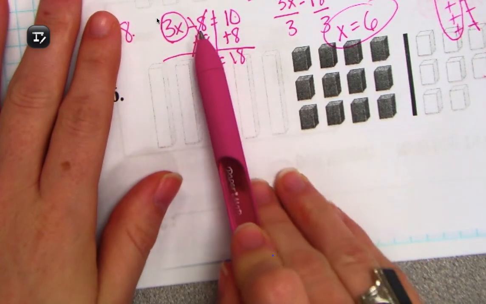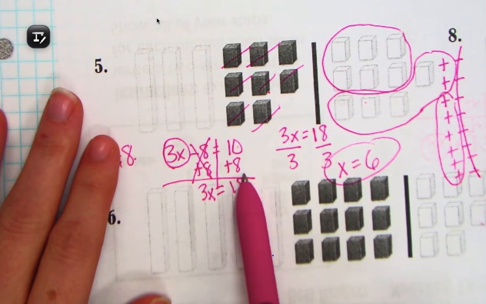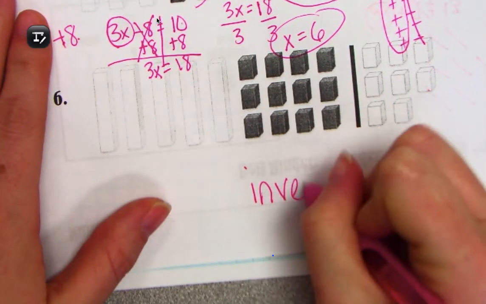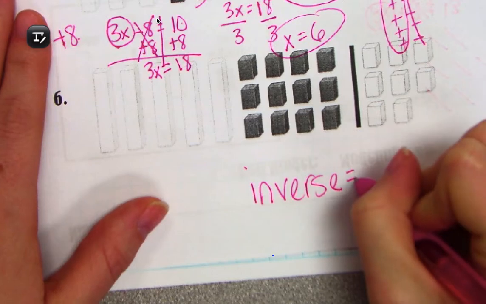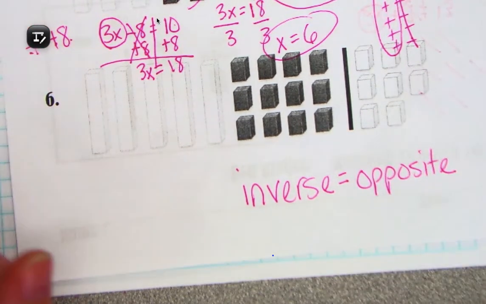We were subtracting 8 in number 5, so we had to add 8 instead. So we're always going to do the inverse operation. So the inverse operation is the opposite. Okay?